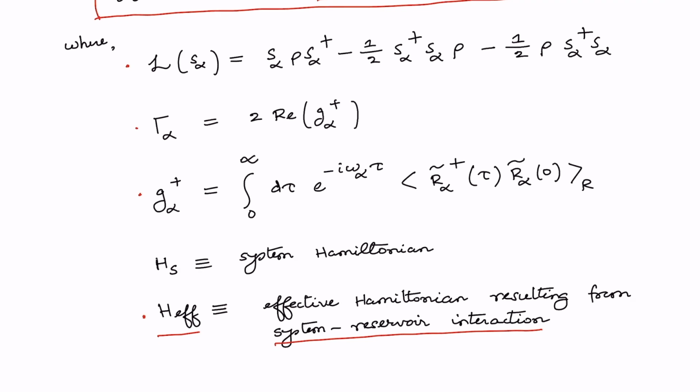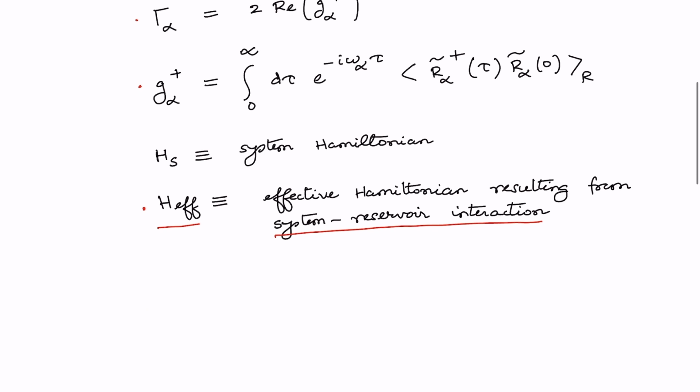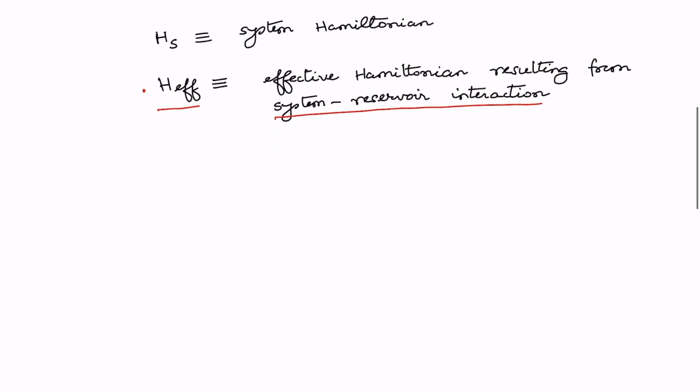We will now discuss some examples. However, before that, let me make some comments. We will write the Lindblad master equation in the following form. Rho dot is equal to minus i by h bar, the commutator between the system Hamiltonian and the density matrix.